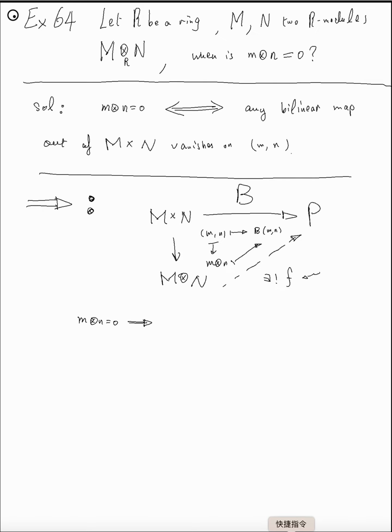So this is in particular our linear map, which means a map of R modules.